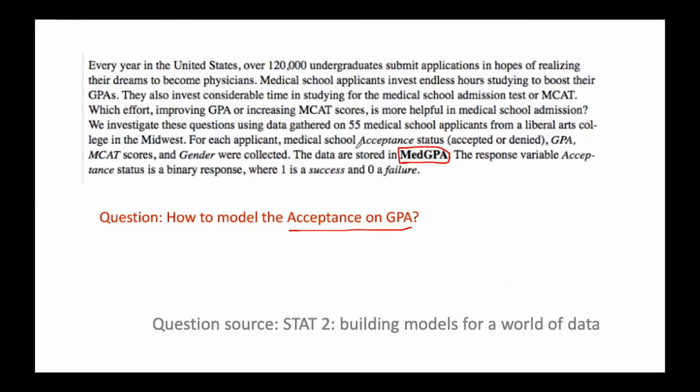We have a variable in the dataset called acceptance status, which is accepted or denied, yes or no. And we have GPA, MCAT scores, and gender. Those three variables are available to us, and they can be considered as possible predictors. So how can we model the acceptance status, the binary response, using the given variables?